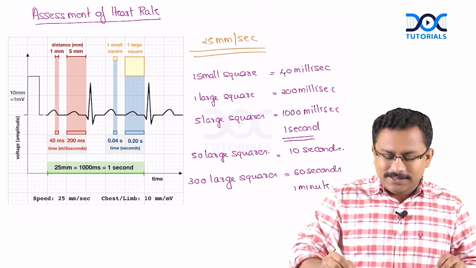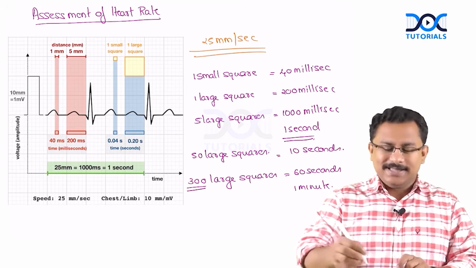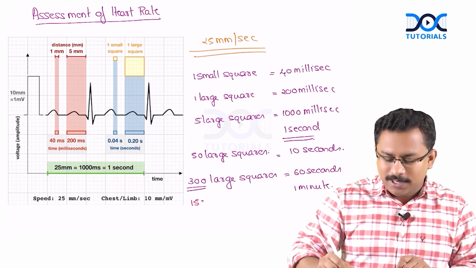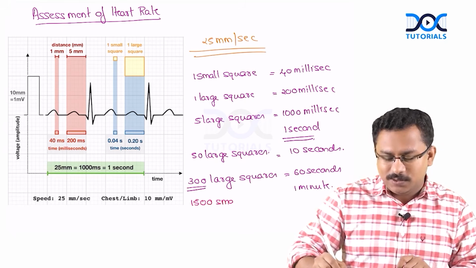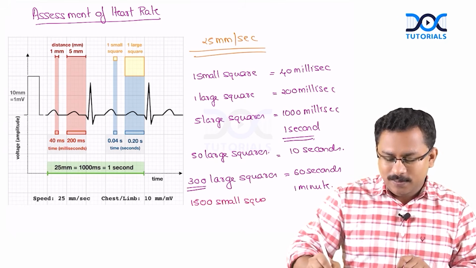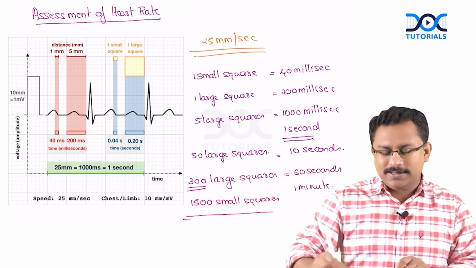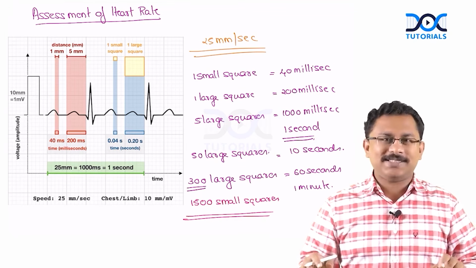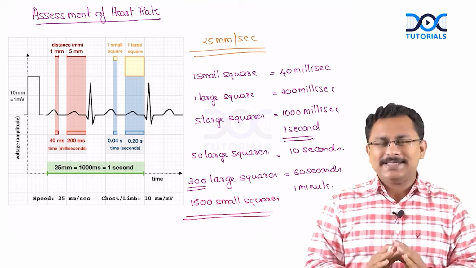This 300 large squares is equivalent to how many small squares? All you have got to do is multiply by 5, so 1500 small squares. Alright, this very basic is clear.